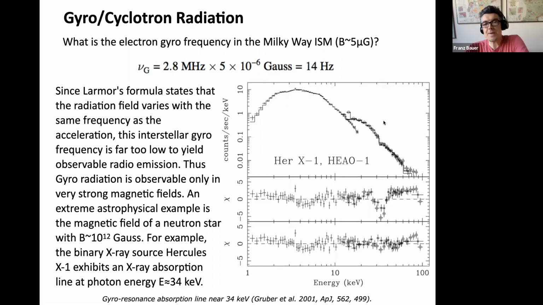This is a spectrum of Hercules X-1, again in X-ray astronomer units, so it's a little bit difficult because this is all the instrument response. However, there is an emission line here. If you fit a model to the data, the model fits the spectrum except here, and if you add a component for this line, you fit it.